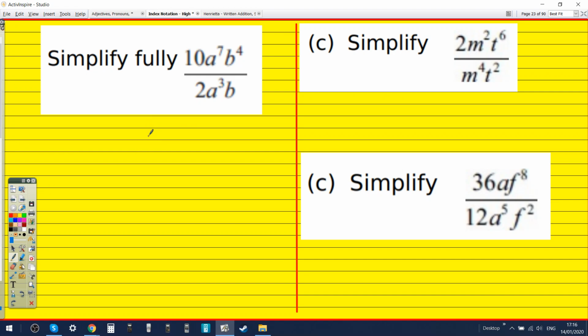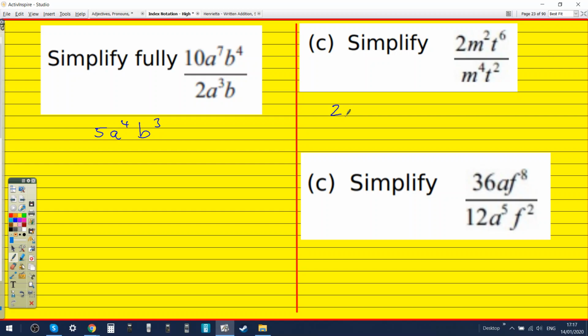Let's try top left. R^5 A^4, 3, 4. I mean, B^3. Okay, top right. That is 2.